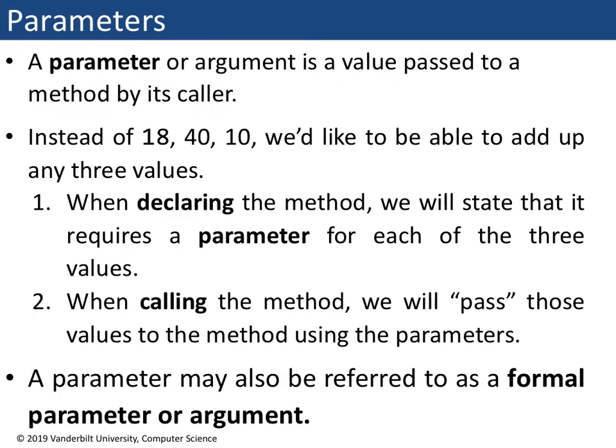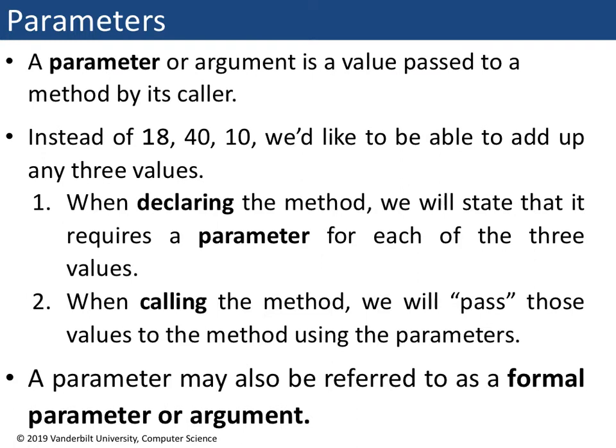So in Java, a parameter or argument, you can use those interchangeably, is a value which is passed to the method by the caller. So instead of hard coding 18, 40, and 10 into the method, we'd like to be able to add up any three values which the caller would pass as parameters.